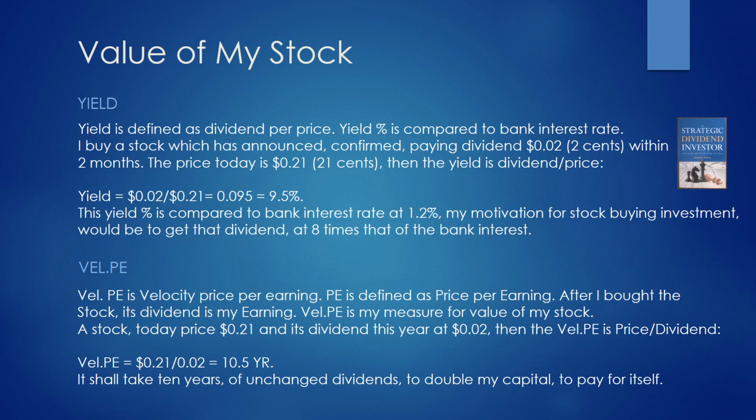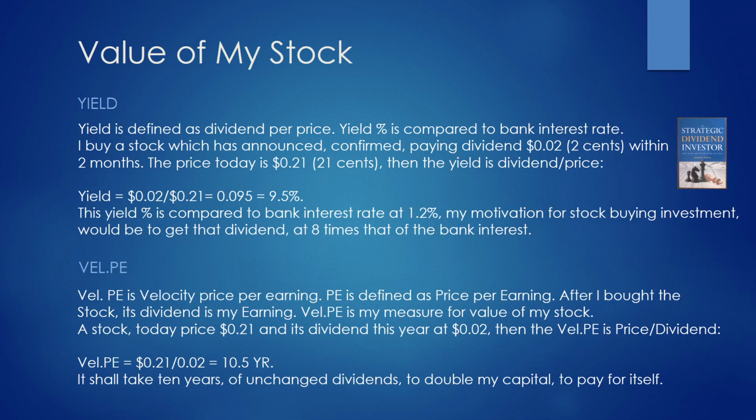Yield equal to 0.02 divided by 0.21 equal to 0.095 equal to 9.5%. This yield percent is compared to bank interest rate at 1.2%. My motivation for stock buying investment would be to get that dividend at 8 times that of the bank interest.